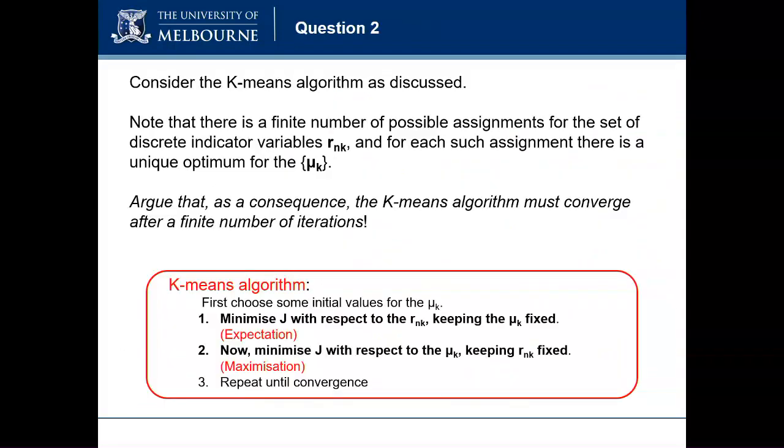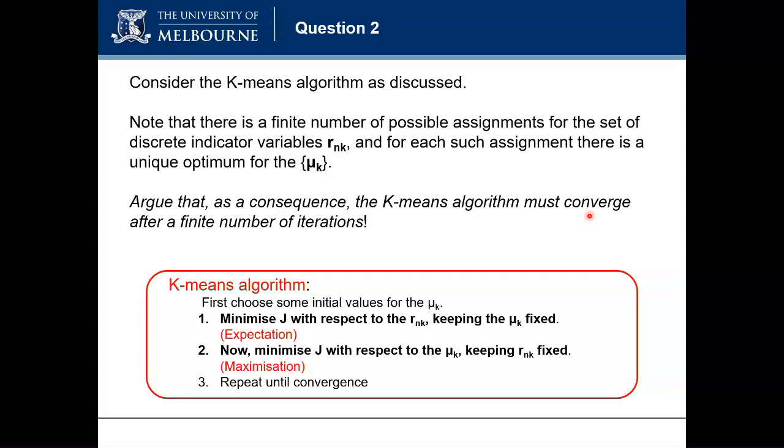Actually, this question goes a bit deeper into this property of k-means, why it must converge. So we've discussed the k-means algorithm. This is just a discussion, repeating. The question says, argue that as a consequence, the k-means algorithm must converge after a finite number of iterations.